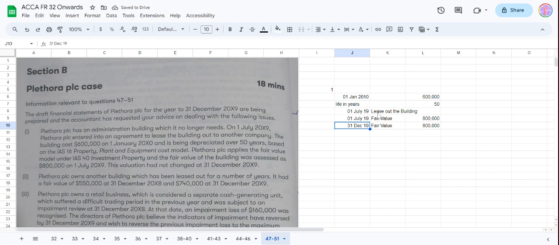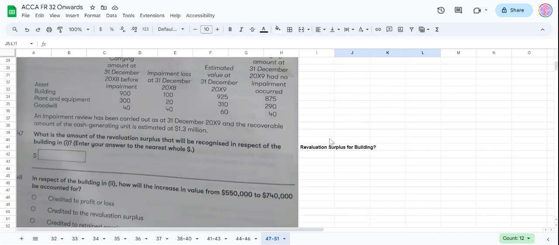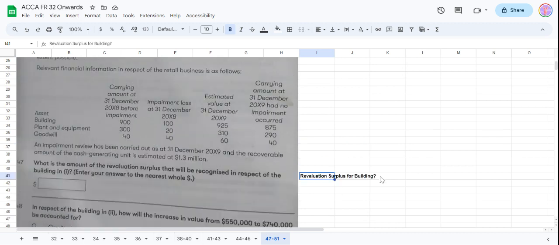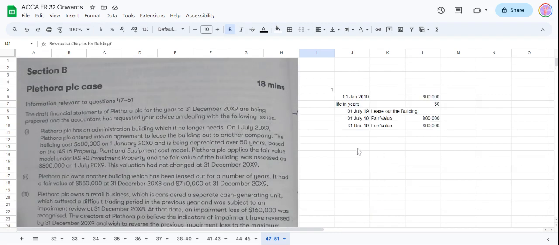I think these are the facts that we require to answer question number 47, where they are asking what is the amount of the revaluation surplus that will be recognized in respect of the building. Revaluation surplus we need to calculate. So on 1st July 19, they leased out the building, and the fair value of the building was 800,000.